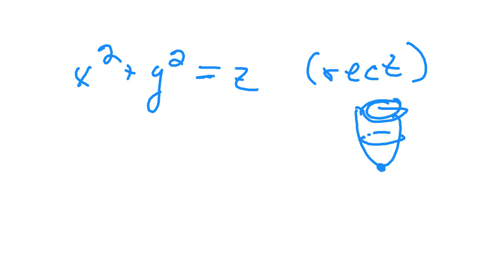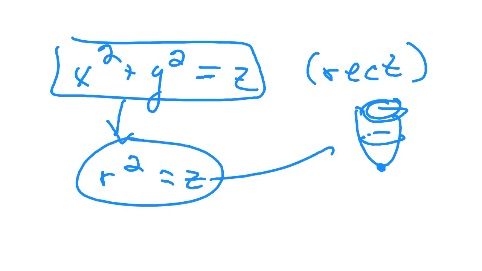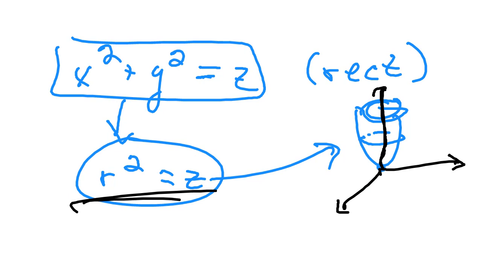So what would this look like in cylindrical coordinates? Well, we know that x squared plus y squared is r squared. So r squared equals z has the same exact graph sitting on the origin, okay? Where the z-axis is right there, right through the middle, with the y-axis and the x-axis coming out, right? So we have that same exact graph, but this would be in cylindrical coordinates.